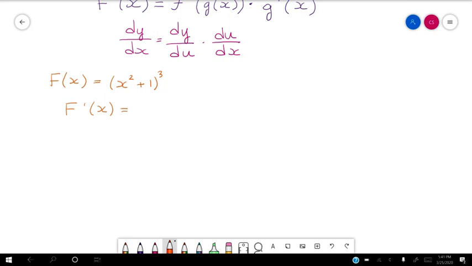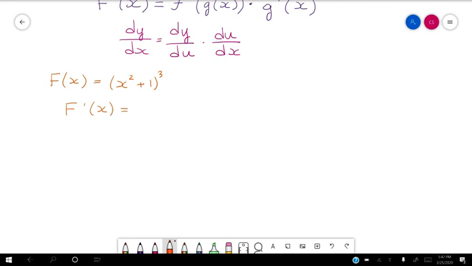Well, there's two things going on. First, we take x, square it and add 1. That's one function. And then whatever that is, we're going to cube it. So this x squared plus 1 is our inside function, and the cube is the outside function. So that's telling us that we have to use the chain rule.